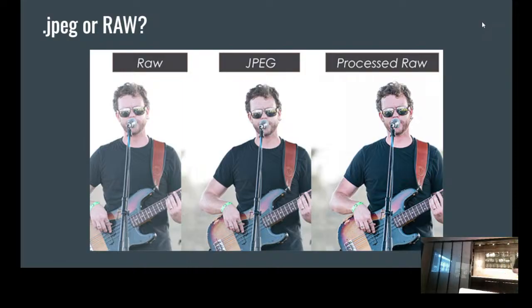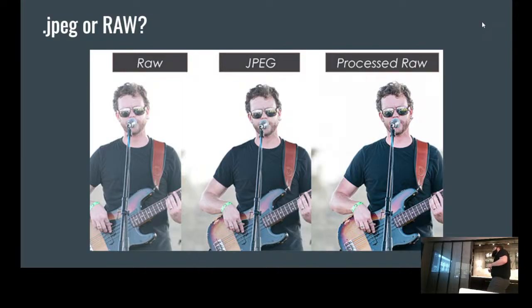Now, let's talk about the difference between JPEG and RAW, and why does that matter to someone like you? So a standard RAW photo, as you can see in this picture, is washed out, light, doesn't look like a detailed image.